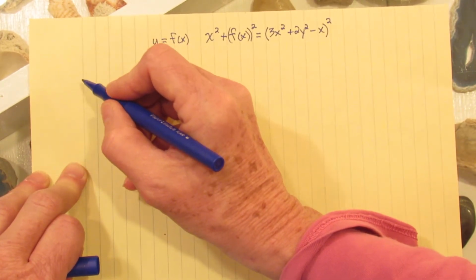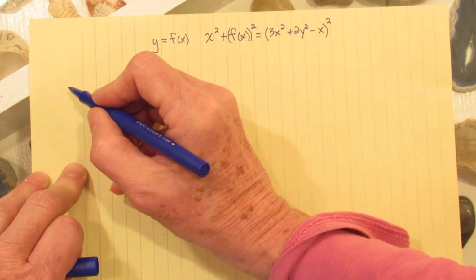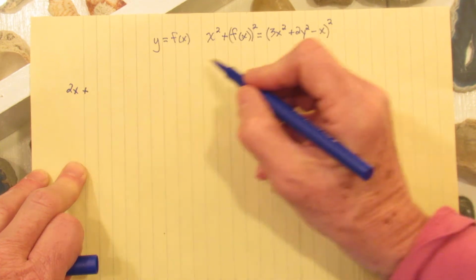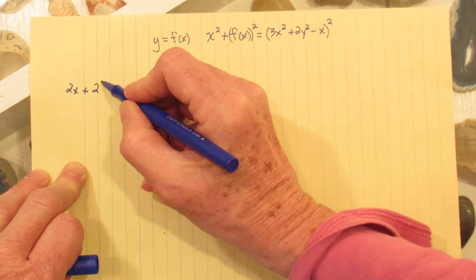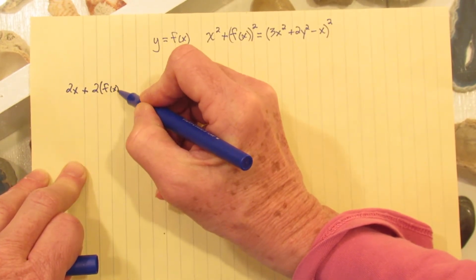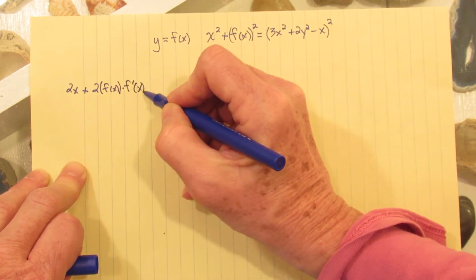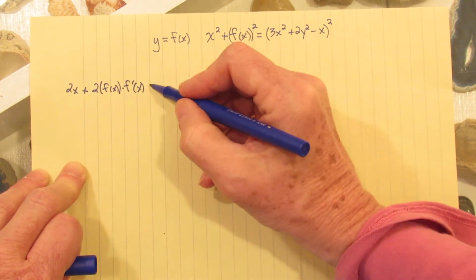So on the left side, the derivative of x squared is 2x, and the derivative of this term will be 2 times f of x to the first power, but then the chain rule says multiply by the derivative of the inside function.